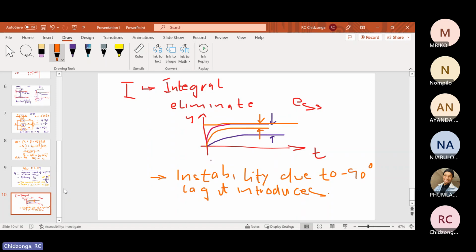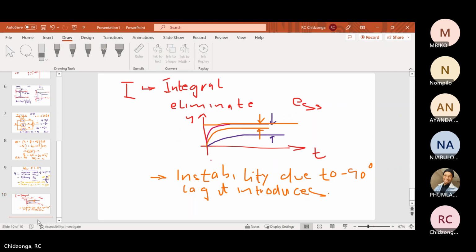The benefit: it can eliminate the steady-state error. Big disadvantage: it can cause a system to go unstable because of the phase lag. Remember, it's this 1 over s. The angle of this term is a constant minus 90 degrees.